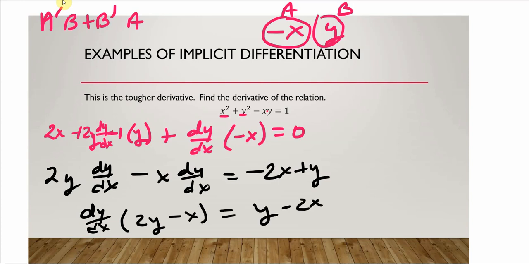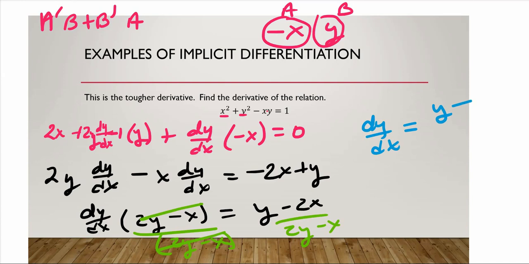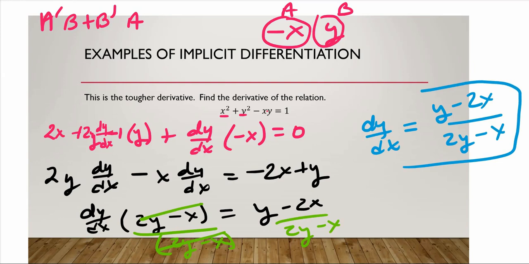And if you notice, I rearranged it. So now what am I going to do? I'm going to divide by my quantity here, which is 2y minus x. So this and this reduce to a 1. So that means that my slope, dy/dx, is going to equal (y minus 2x) over (2y minus x). And this is going to be my derivative function.